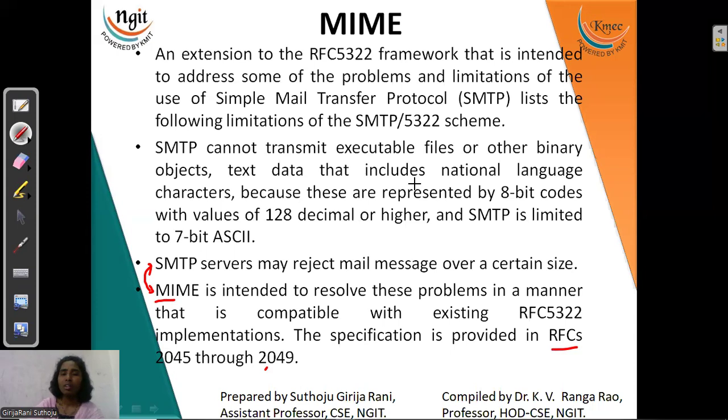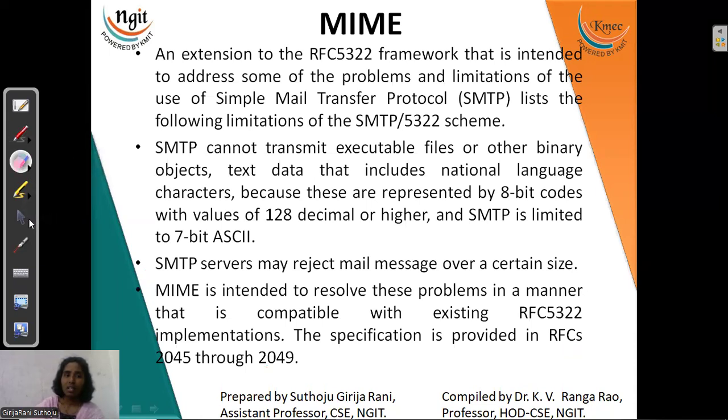When we started utilizing the email system, SMTP came first, then MIME, then Secure MIME. SMTP has a few limitations, so for that we intended to utilize MIME. MIME can resolve all these issues with the utilization of RFCs 2045 and 2049.